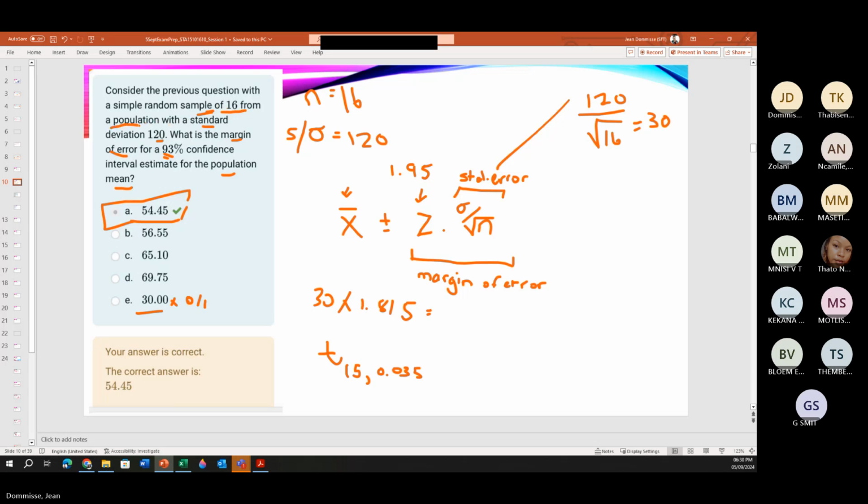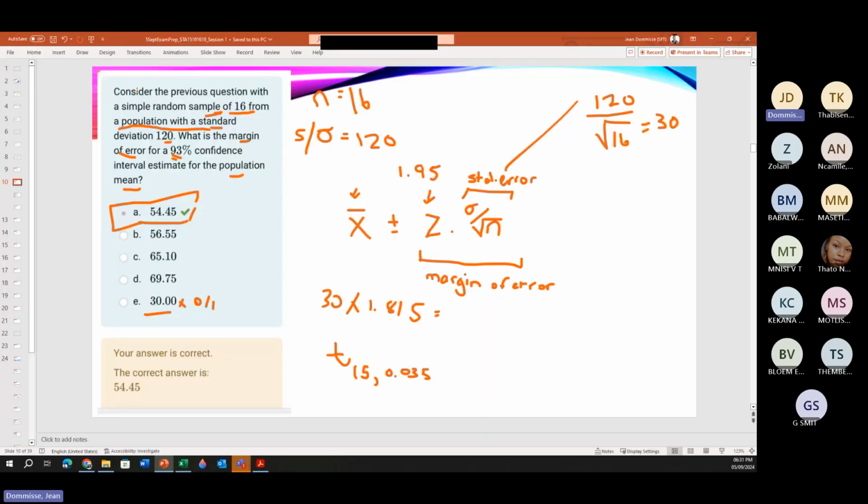Okay, so then we need to read that as, I don't really like this one because, population with a standard deviation of, so obviously we should have read that as standard deviation is known.